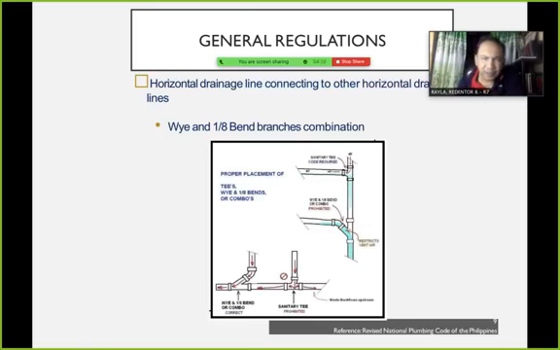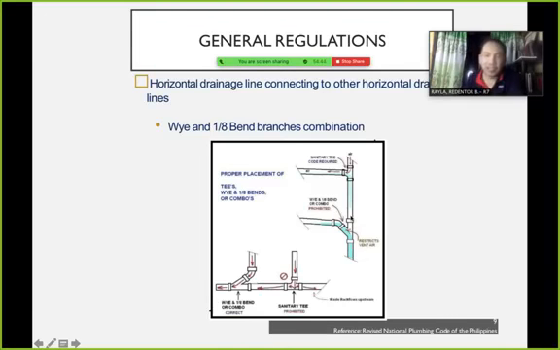No? So you can have this T here and this long, or Y and 1/8 bend. Prohibited. Y and 1/8 bend or combo restricts vent air. So this is prohibited.